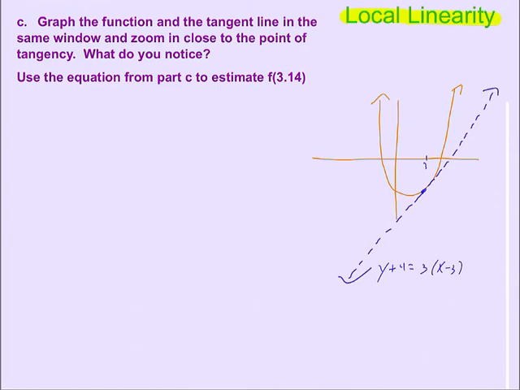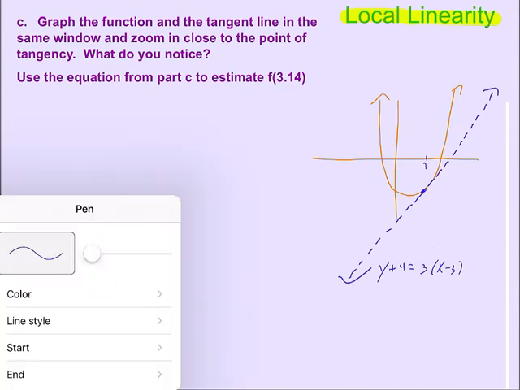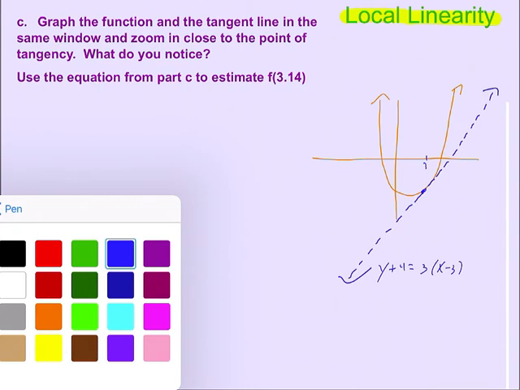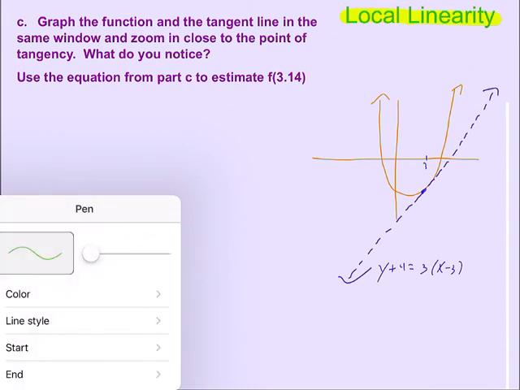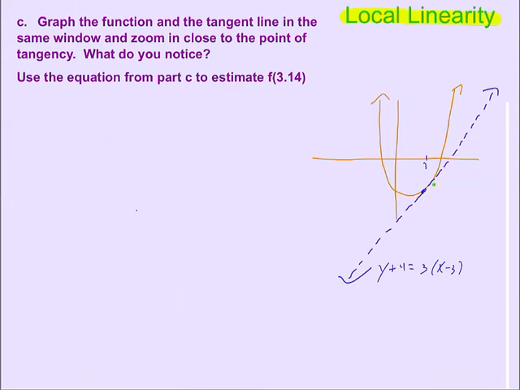Much, much easier to plug it into a linear function. And so the idea is that even though that blue line isn't exactly following the orange line, there's like a little bit of separation here. It's close enough to make a good estimate.